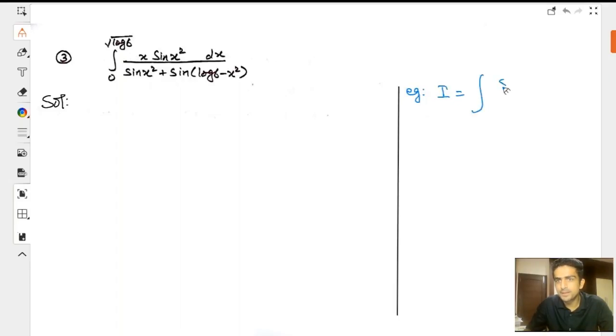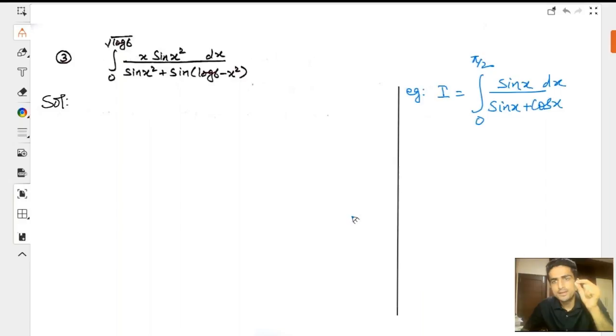Please look here. Say you want to integrate this. A very basic question. Those who have done definite integration, they must be realizing that it is a very basic question. Say we want to integrate this expression. This is a standard method.